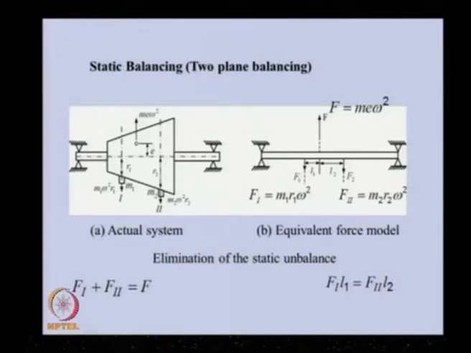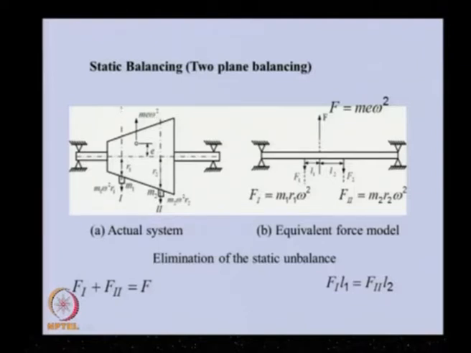Now, we will see static balancing with two planes. There is a rotor, and in this there is an offset of the rotor. The center of gravity is offset, but there is no tilting of this particular rigid rotor, and because of this it is giving this centrifugal force m e omega square.